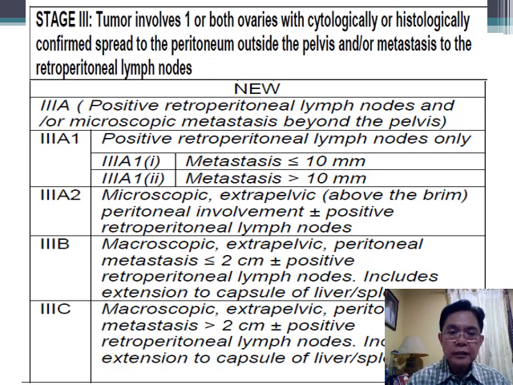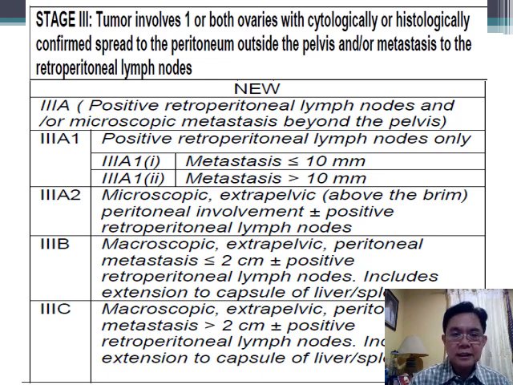Stage 3A2, when you have microscopic extrapelvic peritoneal involvement with or without retroperitoneal lymph node involvement. Microscopic, so where is the metastasis here? So the omentum might look grossly normal, but on microscopic examination, it is positive for malignant cells.